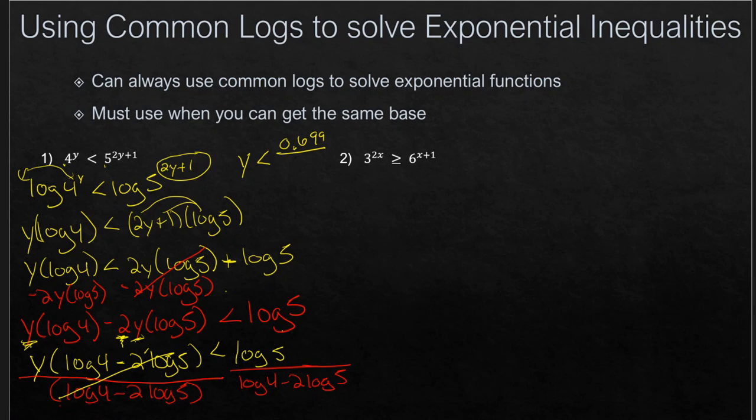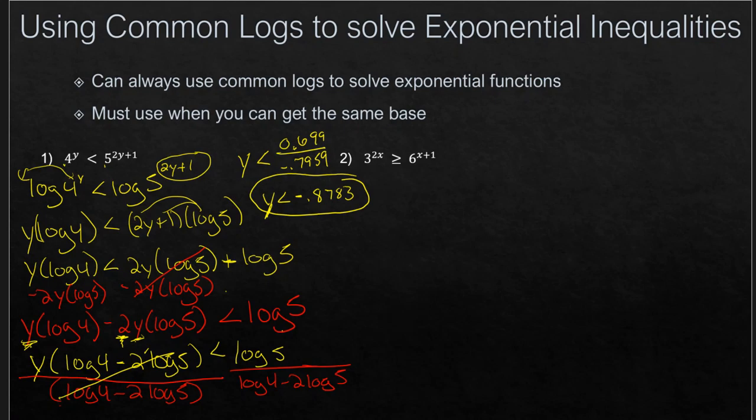And on the bottom, I have negative 0.7959. So when I divided that, I ended up with y is less than 0.8783. So that's my answer.